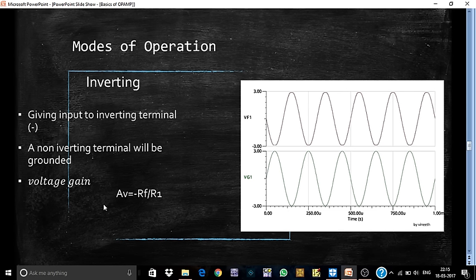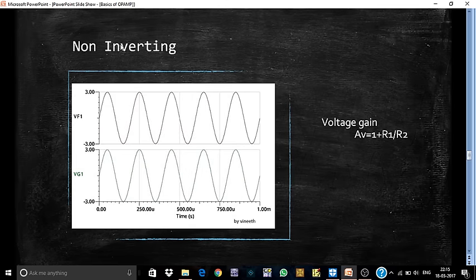Practically, the op-amp is designed for a particular gain. For non-inverting, the voltage gain formula is AV equal to 1 plus R1 by R2. R1 and R2 are the resistances, and in this case the output is in the same phase as the input.